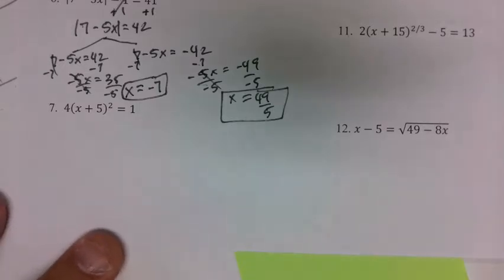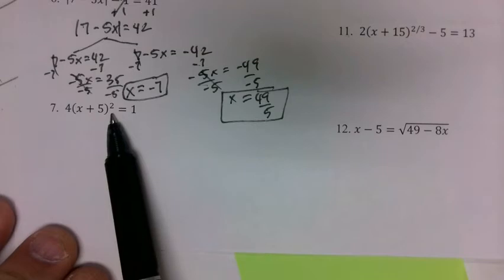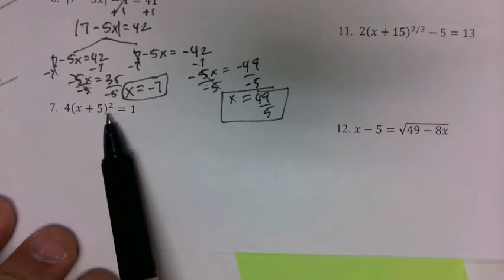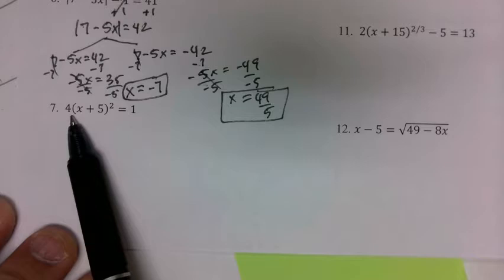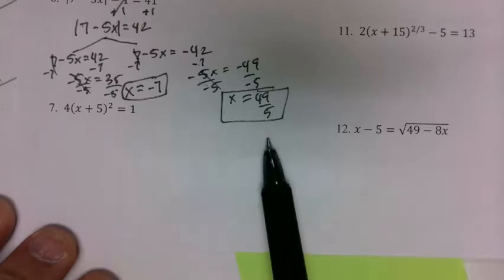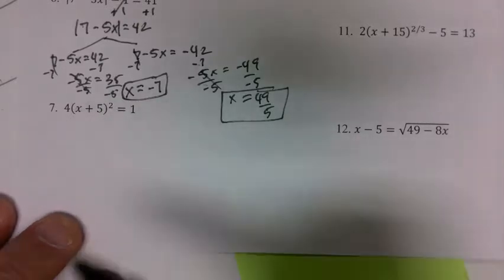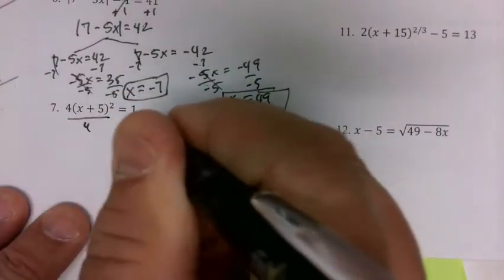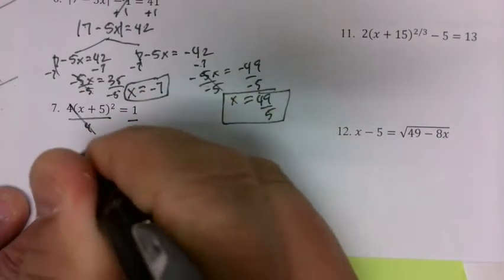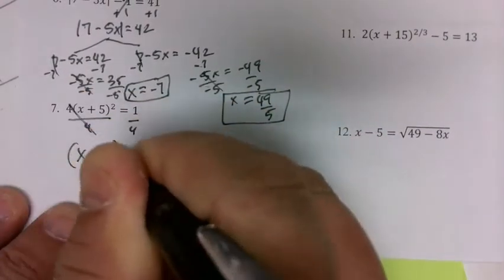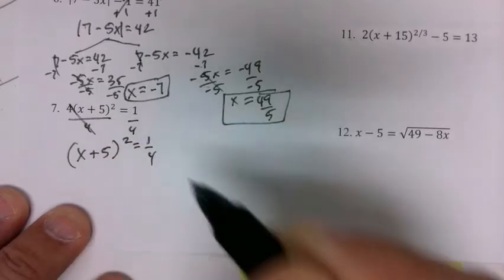Okay. Whew, let's look at this one. This is a quadratic. So on quadratics, you either need to set it equal to 0 and then factor and solve, or this one's kind of nice. I can divide by 4 here. I can isolate that squared, and I get x plus 5 squared equals 1/4.